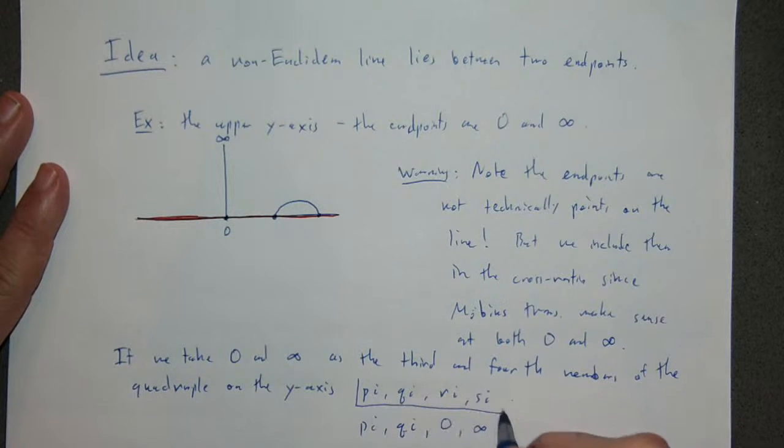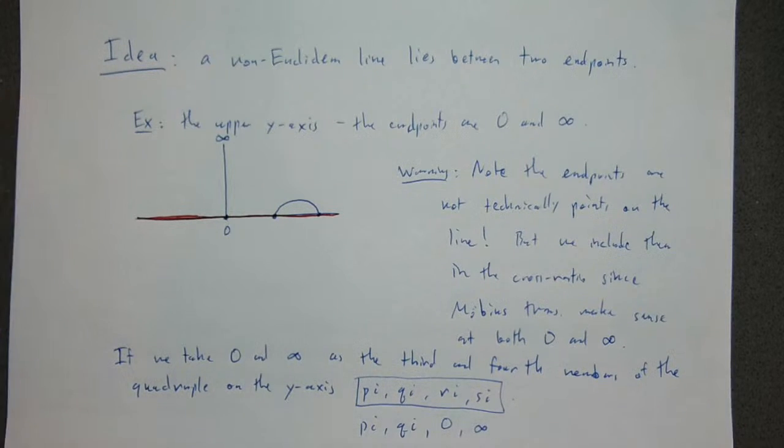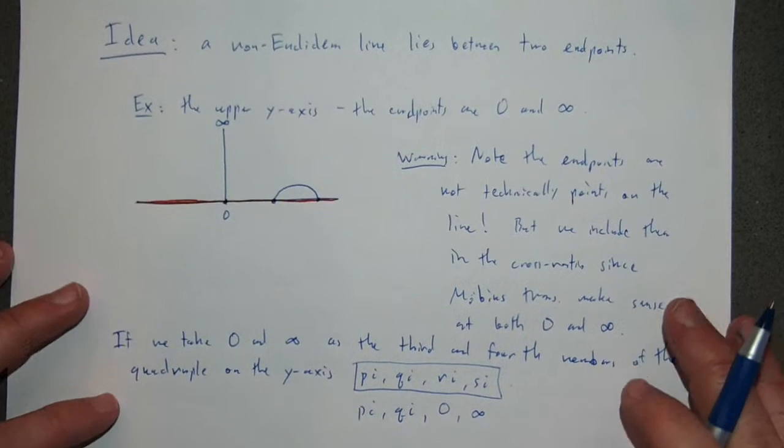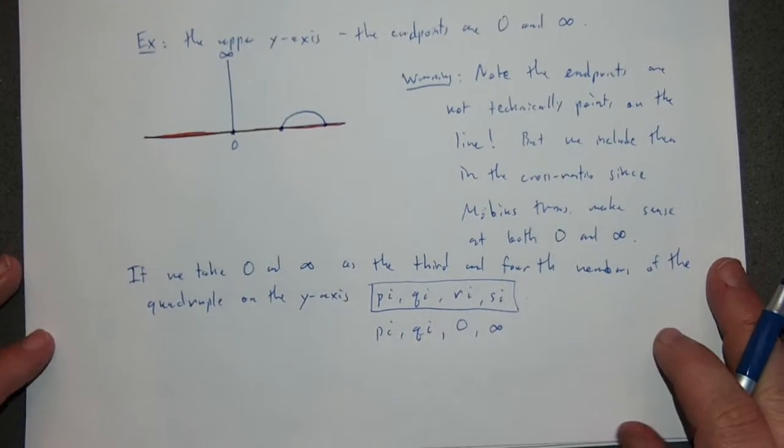So we take this quadruple. Of course, we were allowed to make this completely arbitrary, but I'm going to replace R and S with 0 and infinity in this way. Let's see what this does to the cross ratio.